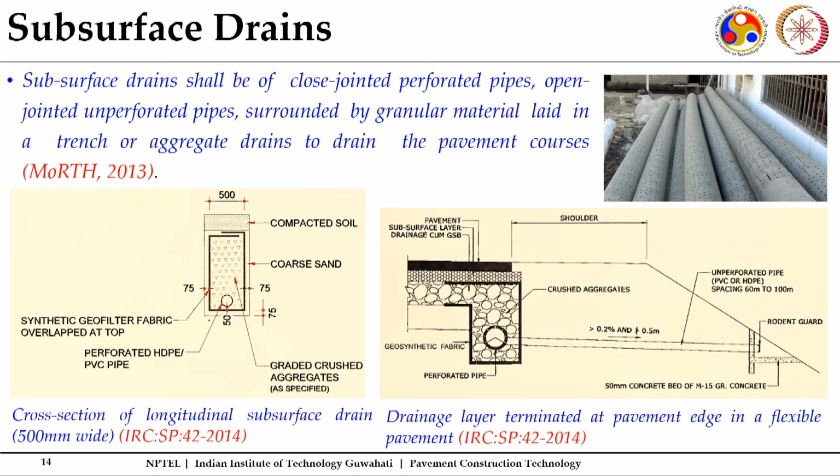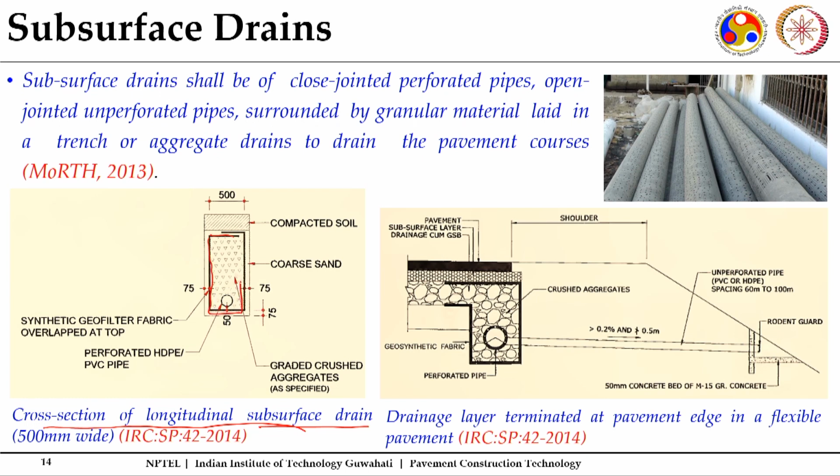Now, some additional features which we make while providing these drains: you can see this is a longitudinal subsurface drain, a cross section of a longitudinal subsurface drain. Here you can see there is a geosynthetic fabric which is overlapped at the top.